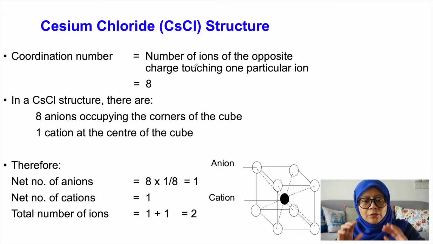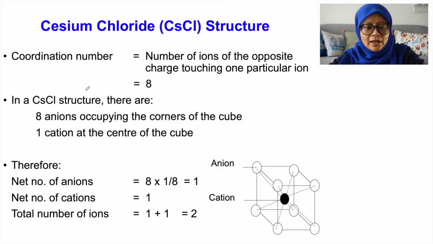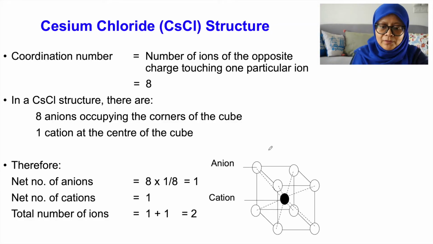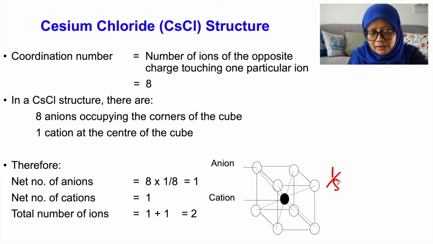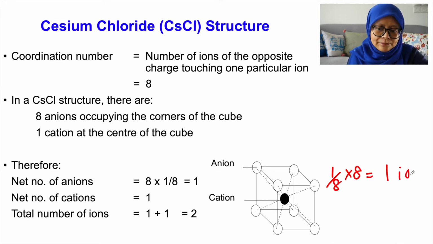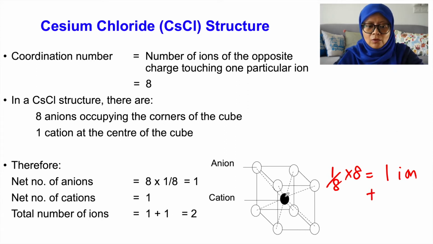The coordination number of cesium chloride is 8, where we have 8 anions occupying the corners of the cube. The white one here is the anion, so we have 1 over 8 times 8, which gives us 1 anion, plus we have only 1 cation.